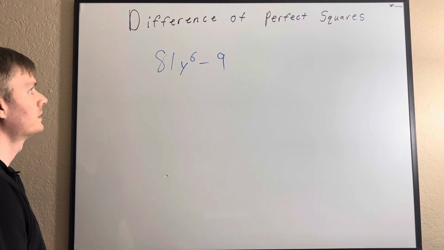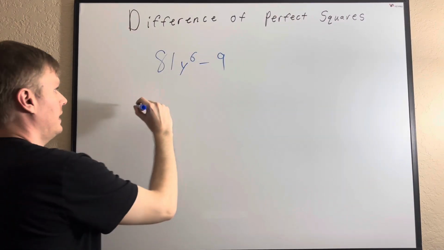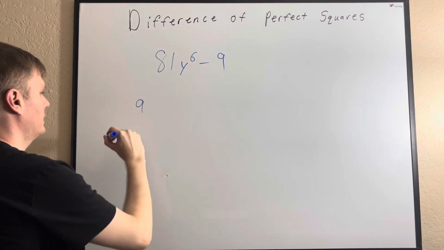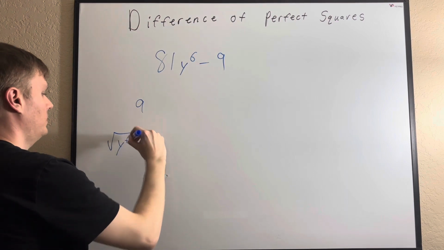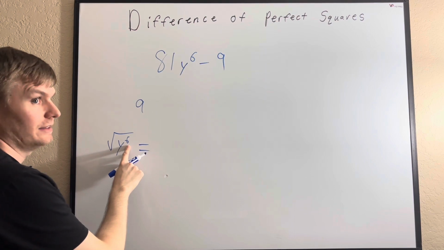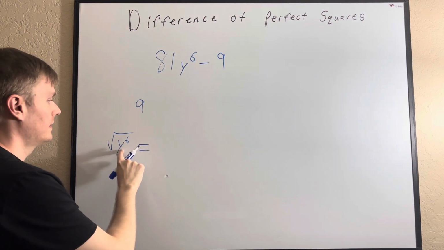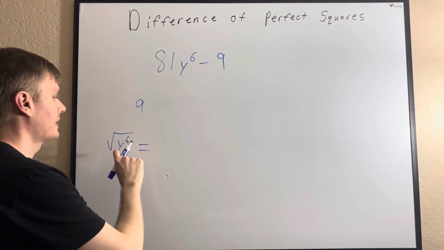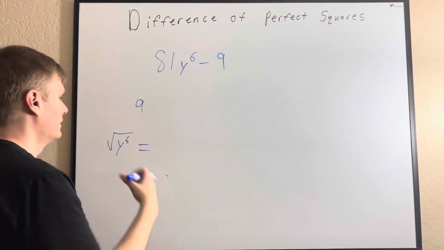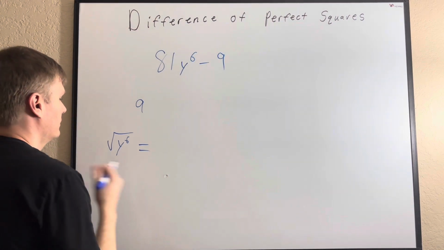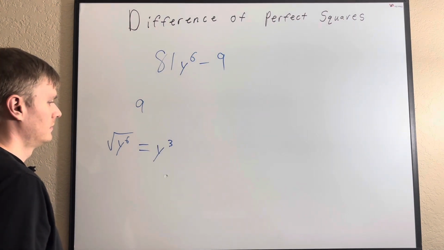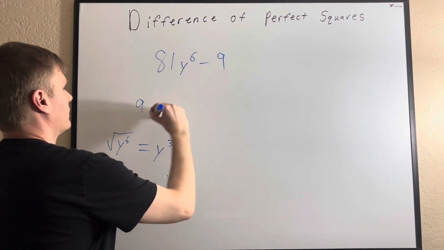Are these perfect squares? Well, 81 is a perfect square, right? That's 9, right? Square root of y to the 6th, is that a perfect square? Of course. 6 itself is not a perfect square, but y to the 6th, since 6 is an exponent and it's an even number, is definitely a perfect square.